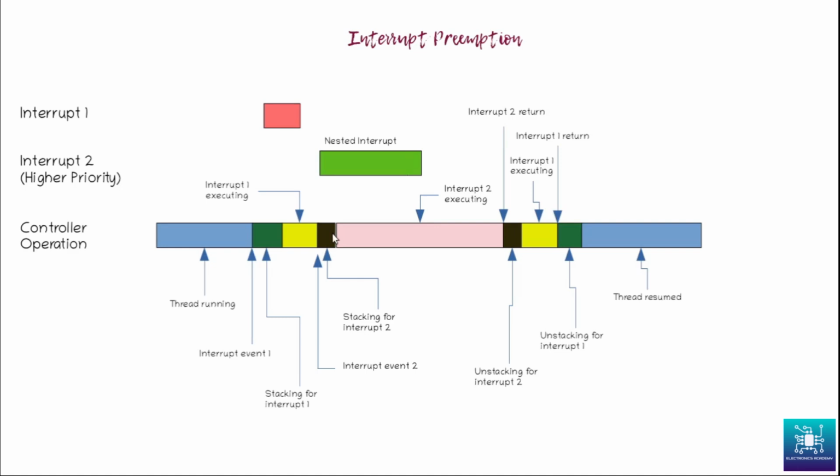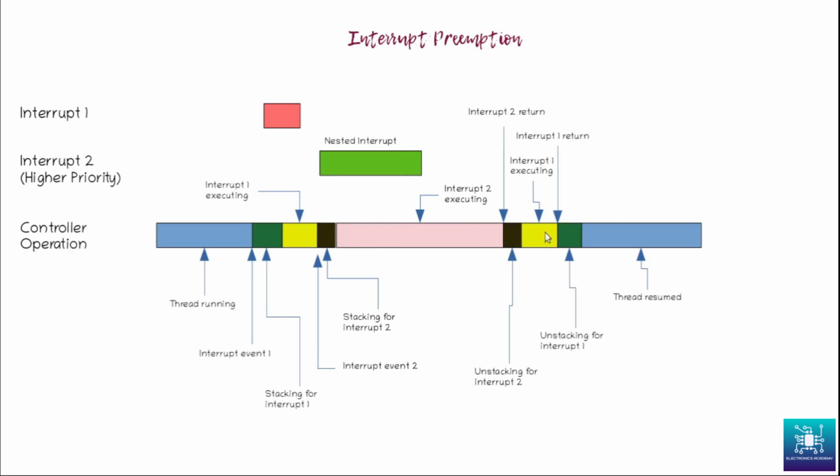The stacking is different for a particular reason, which we will see later. For stacking with floating points active, the stacking duration and the size of the stack are much higher. So I just tried to show that here. And then interrupt 2 starts executing. Once interrupt 2 finishes executing, interrupt 2 returns.